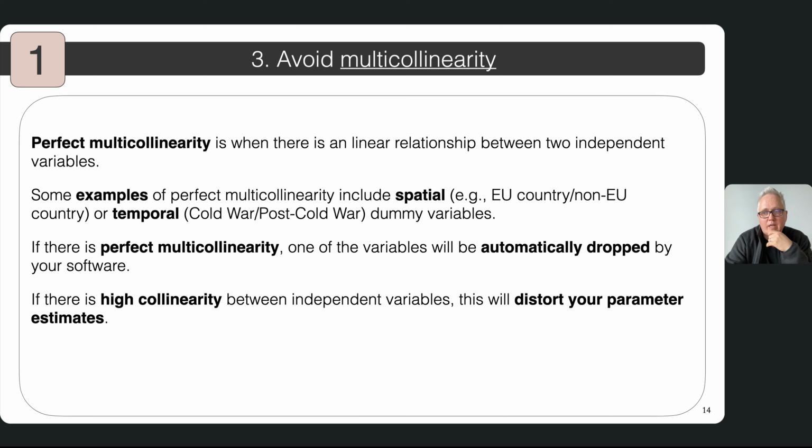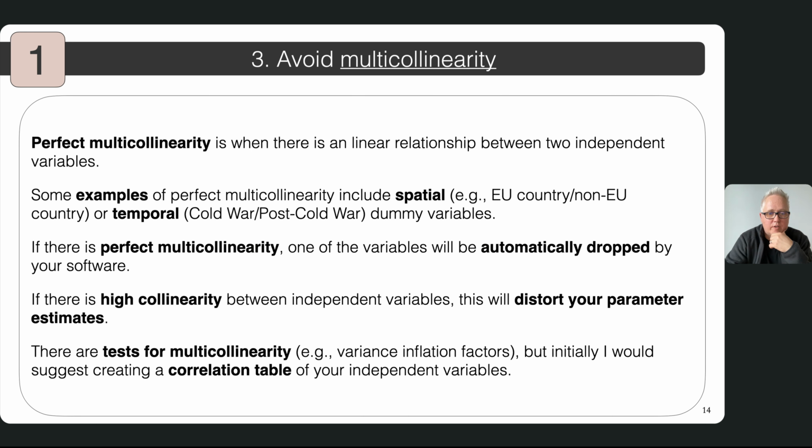However, often you get variables that might not be perfectly correlated, but that are quite highly correlated, and then that will end up distorting your parameter estimates. It can distort them either downwards or upwards in the coefficient size or in the statistical significance. There are various tests for multicollinearity.